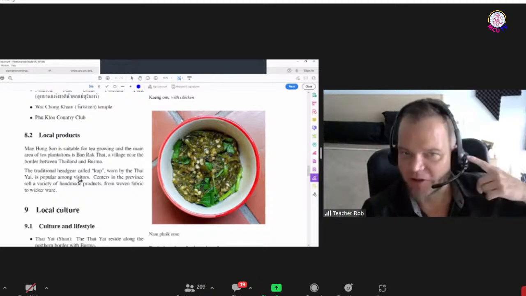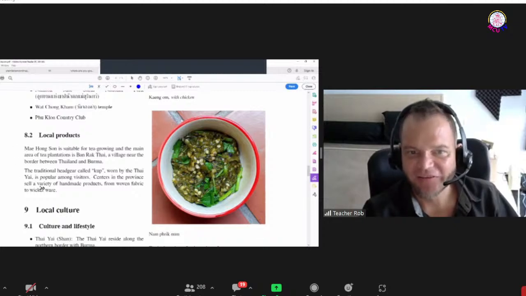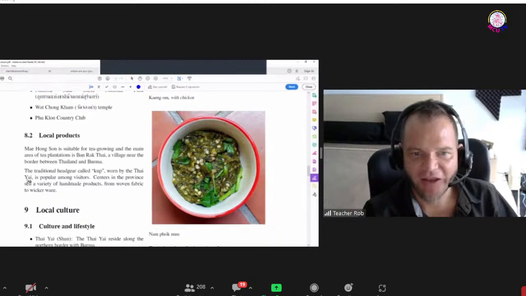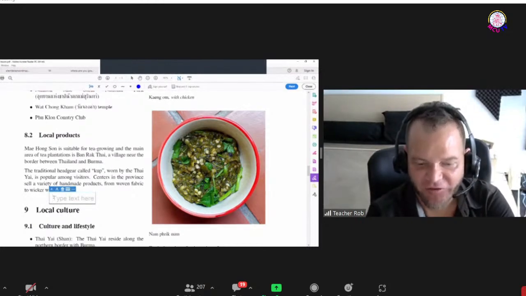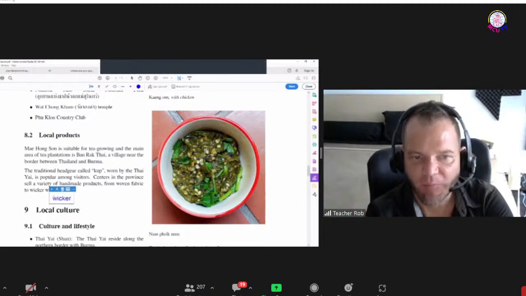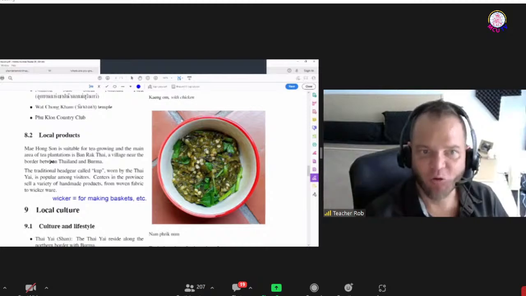The traditional head cup worn by the Thai Yai is popular among visitors. Centers in the province sell a variety of handmade products from woven fabric to wickerware. Now, wicker, if you guys know this, they mention maybe a few common local products.